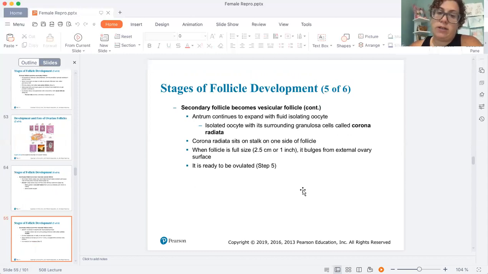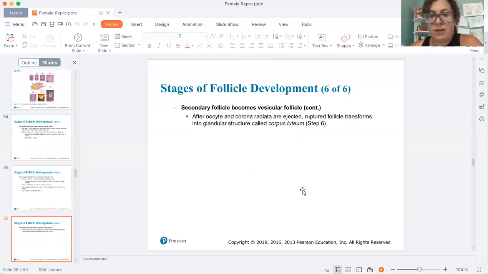And we're gonna go more into this again next week. So basically the secondary follicle becomes a vesicular follicle, where the oocyte, with the granulosa cells, makes even more fluid, and the corona radiata sits on a stalk on each side of the follicle, and then it's ready to be ovulated, okay?